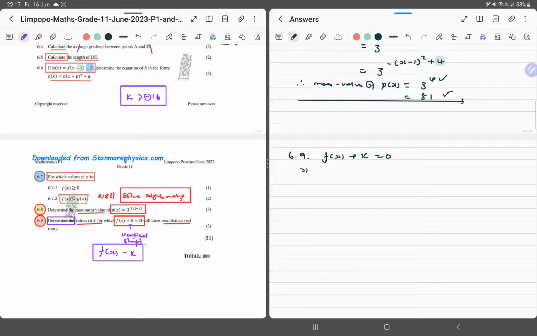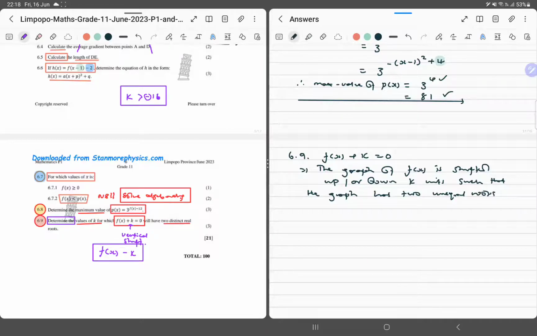We can say this implies that the graph of f of x is shifted up and or down k units such that the graph has two unequal roots.